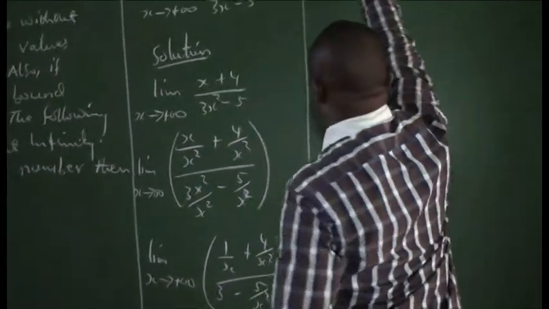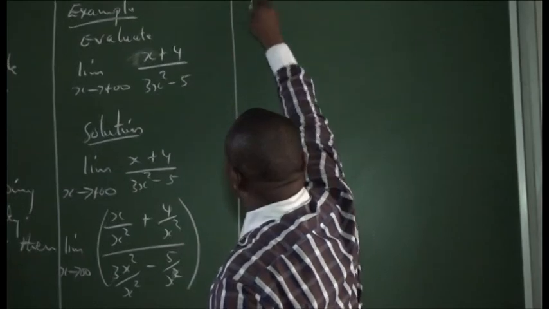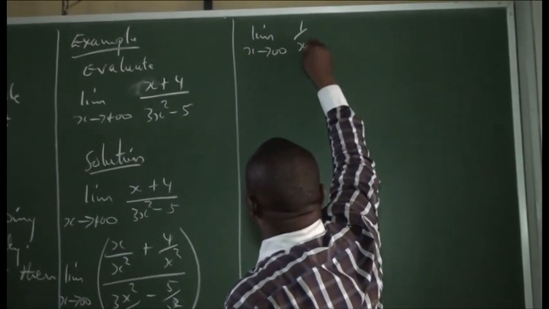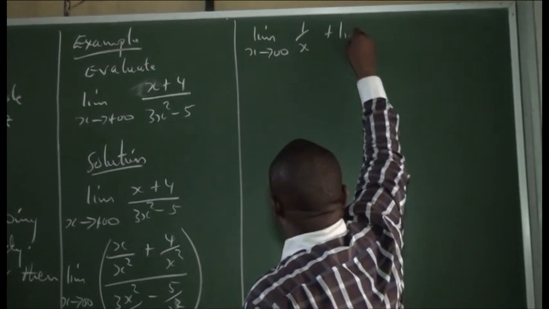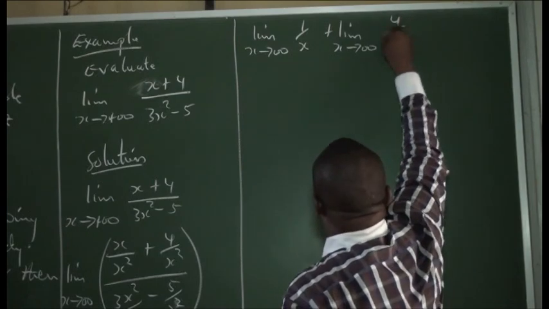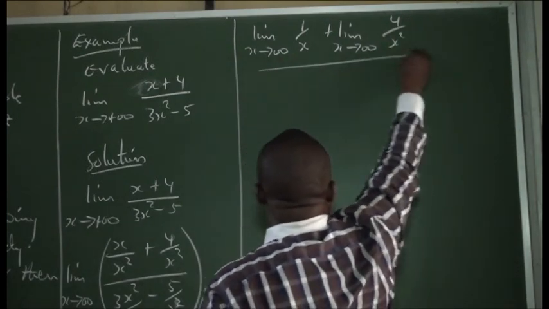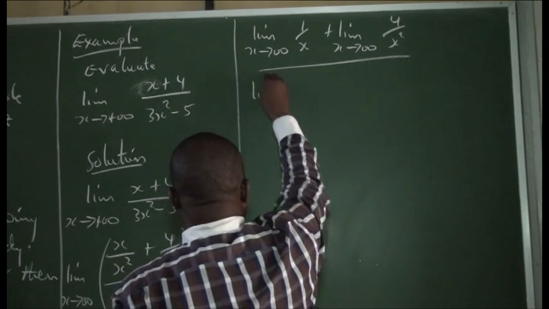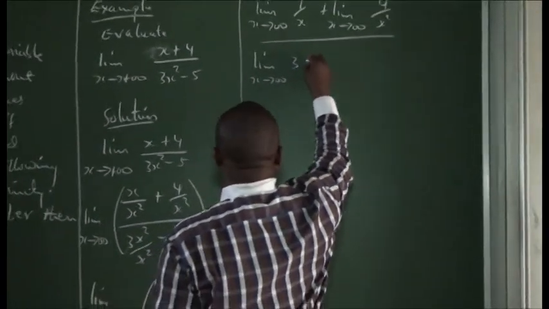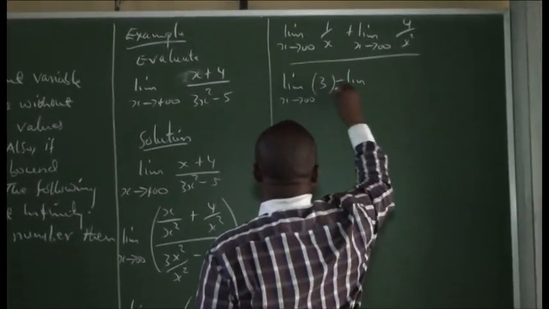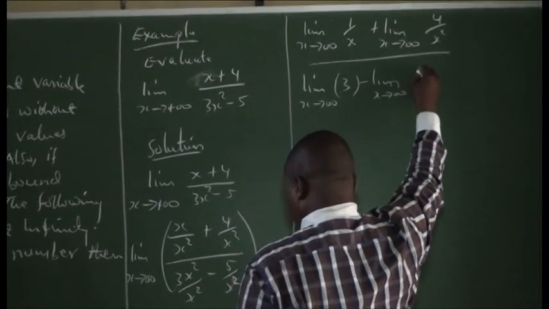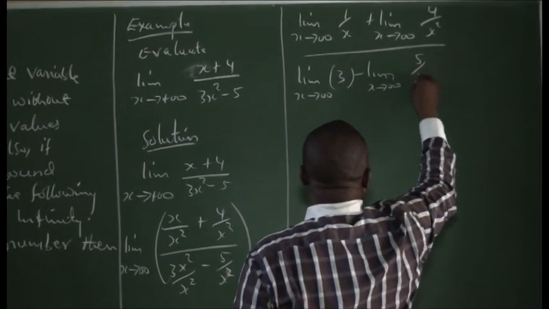Now this gives us the limit as x approaches infinity of 1 over x plus the limit as x approaches infinity of 4 over x squared, over the limit as x approaches infinity of 3 minus the limit as x approaches infinity of 5 over x squared.